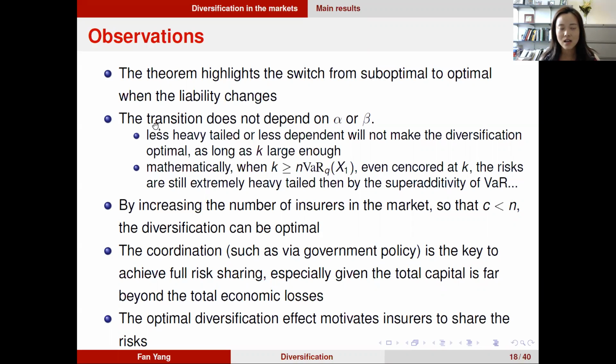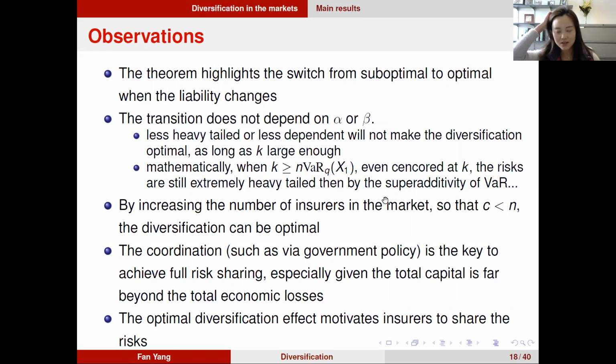And second, the transition does not depend on the alpha or beta. Alpha is the heavy-tailedness, beta is the dependence. So if we're in each state of diversification, suboptimal or optimal, no matter if you make the marginals less heavy-tailed or less dependent, it won't change the diversification state, as long as the liability is large enough or small enough.